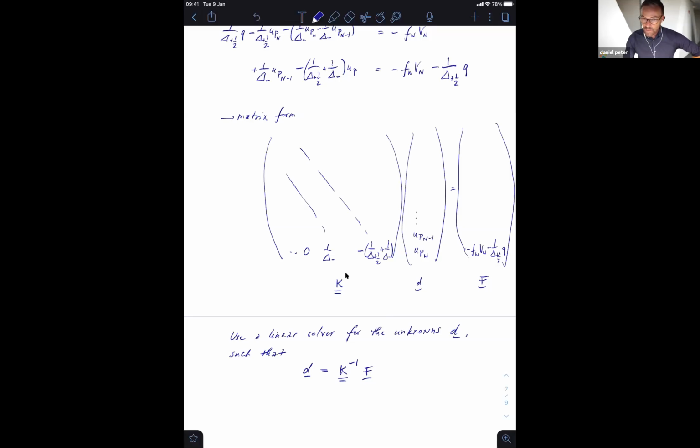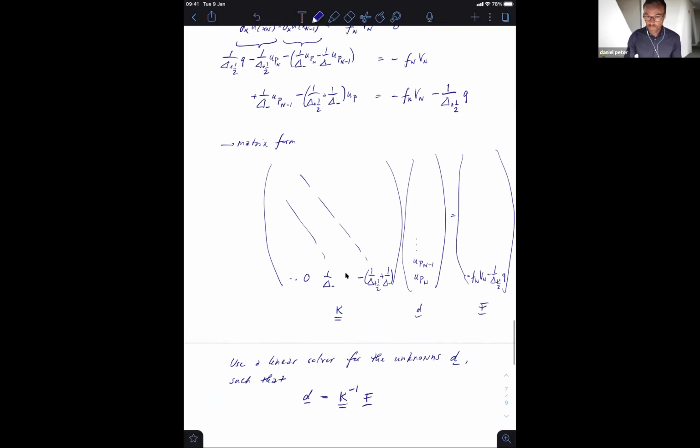The stiffness matrix and the right-hand side vector? And then we solve for the unknowns, which are these values of U at the cell centroid points, UP. Good, let me stop sharing this one.